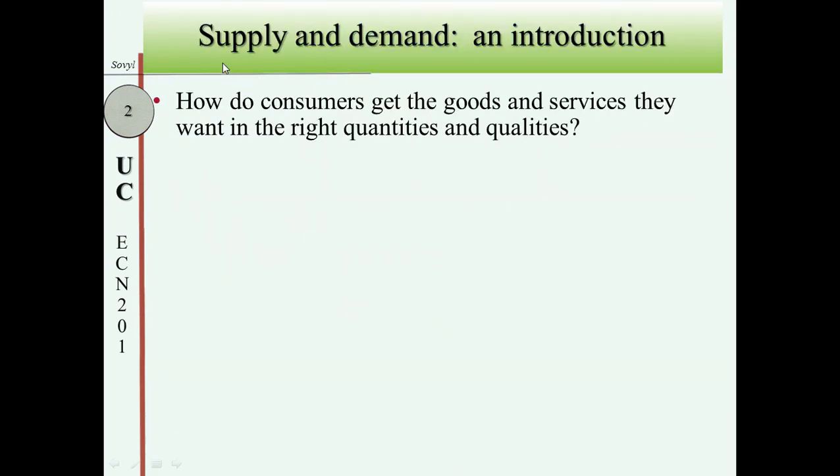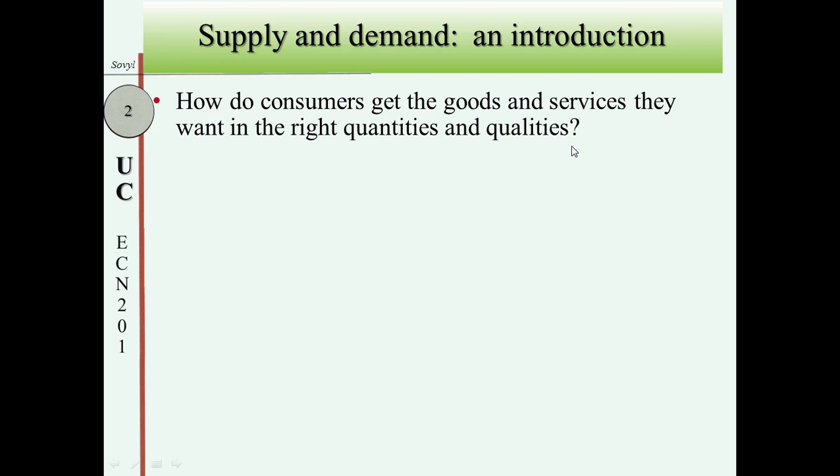Okay, supply and demand, an introduction. Introduction to supply, introduction to demand. But first it should be demand and then supply. Based on the introduction to supply and demand, I have one question. I have not only one question, but this is the first question. How do consumers get the goods and services they want in the right quantities and the right qualities?